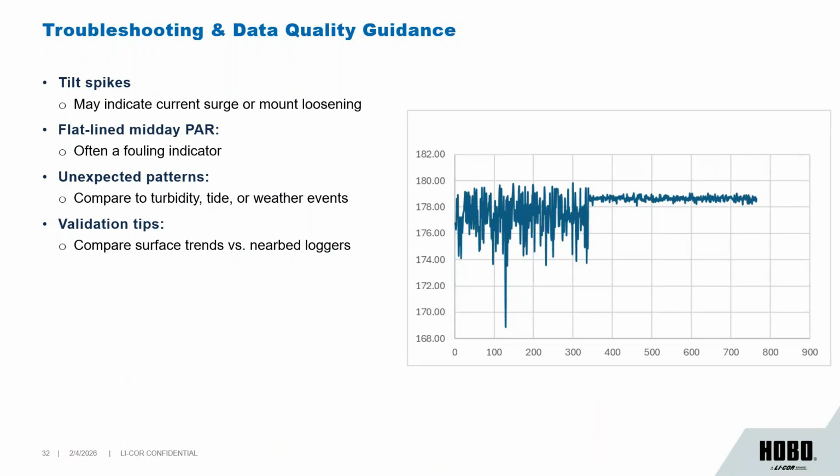Some flat midday PAR often indicates fouling. And some unexpected changes are best interpreted alongside turbidity, tides, or weather data. It is always good practice to compare those near-bed loggers that you have with some surface data. It is always a simple way to validate some of the trends that you might be seeing.